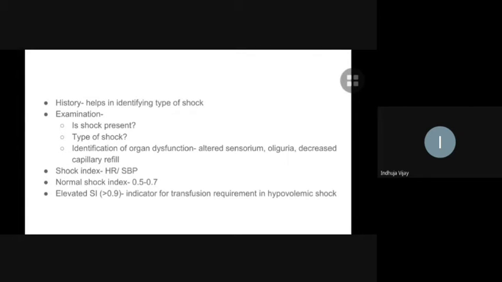Whereas in hypovolemic shock, you can expect a history of diarrhea, vomiting, or any trauma. So history can help in identifying the type of shock and early initiation of specific treatment. In anaphylactic shock, there will be a sudden history of collapse following exposure to an allergen.